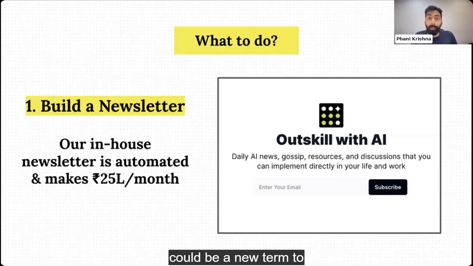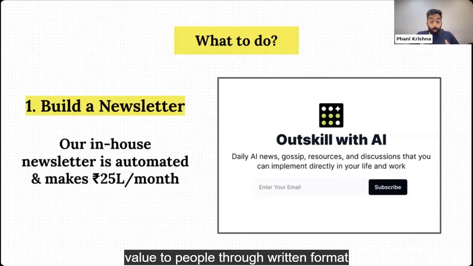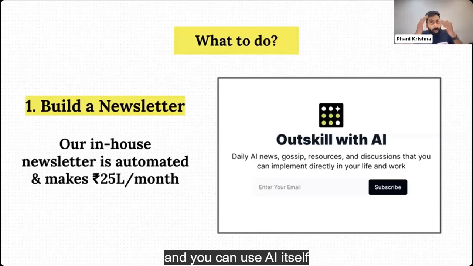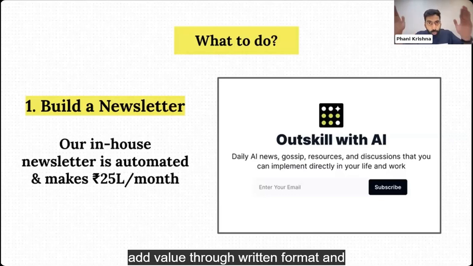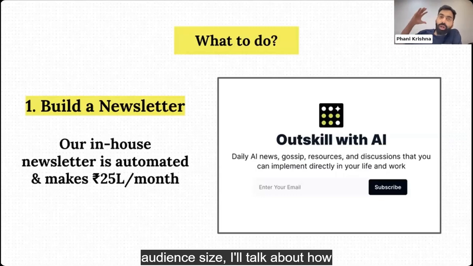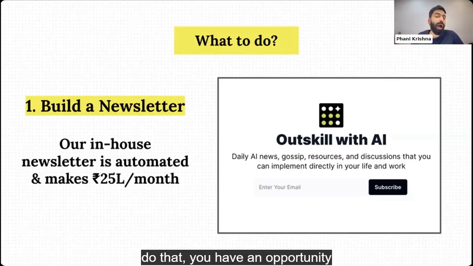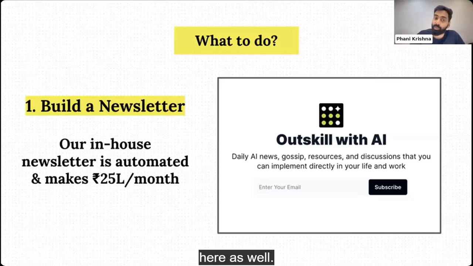Newsletters could be a new term to many of you, but newsletters act as YouTube channels itself. If you are able to provide value to people through written format, and you can use AI itself to write that content today, and make a newsletter of it, and you are able to build an audience size, I'll talk about how you can build that audience size as well. But if you are able to do that, you have an opportunity here as well.